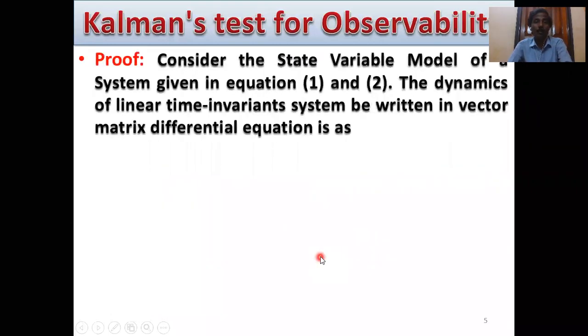Kalman test for observability, proof. Consider the state variable model of a system given in equations 1 and 2.